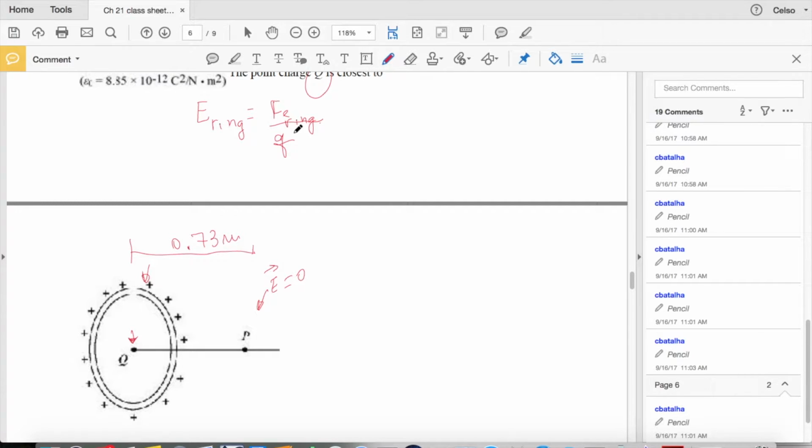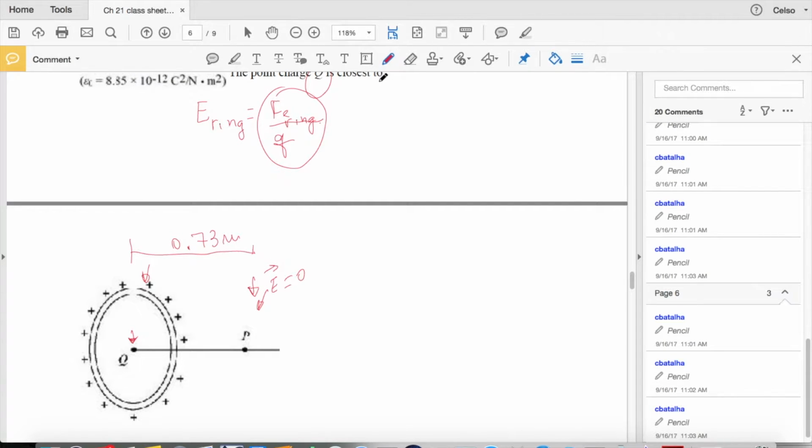So what you do, remember the equation we developed in the class. I'm not going to do it here, and I don't have my book here to copy the equation over. But if you go to the book, or if you develop the steps we did in class, you take the electric force divided by Q, the charge that was in class located at point P, and then you have the electric field.